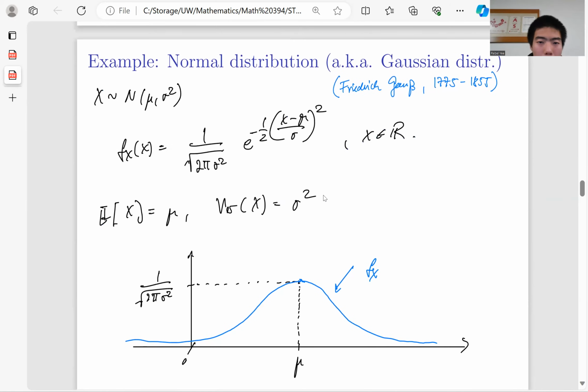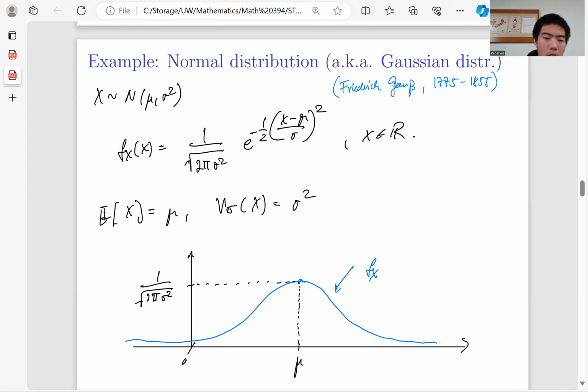The next example is the normal distribution, also called the Gaussian distribution. The Gaussian distribution formula is very hard to remember, so usually we do not consider its PDF seriously. We usually just use the expected value and its variance to describe the normal distribution, which is more doable.